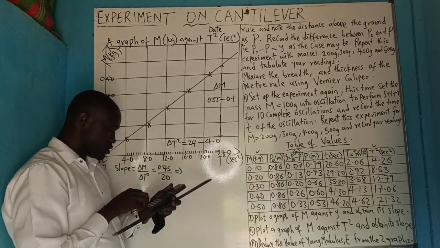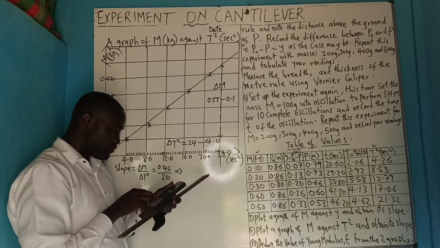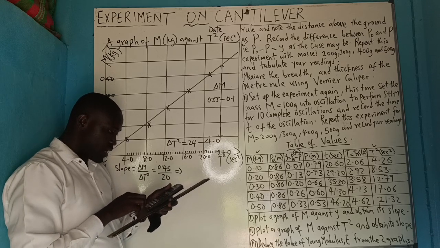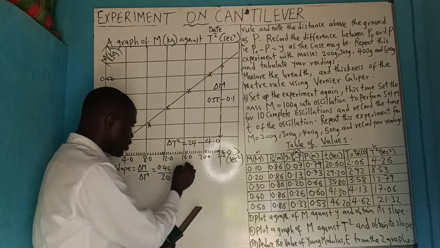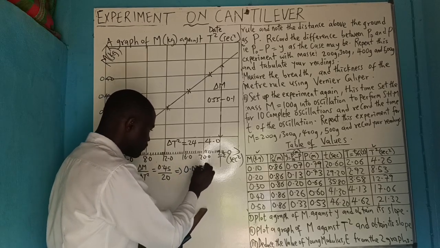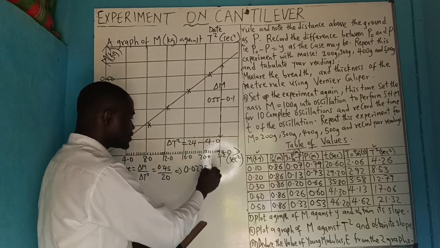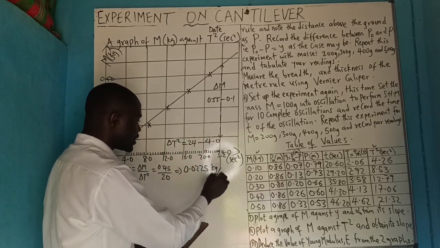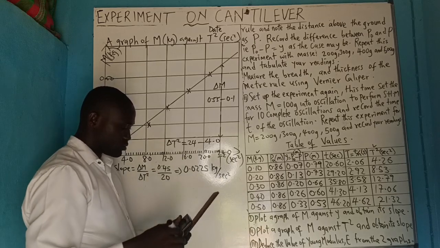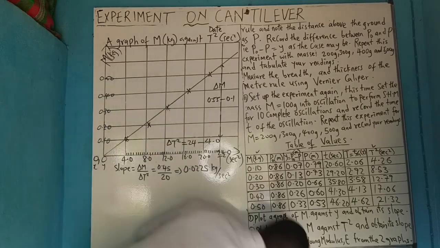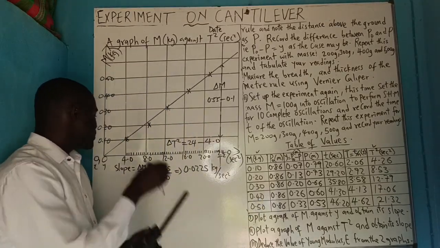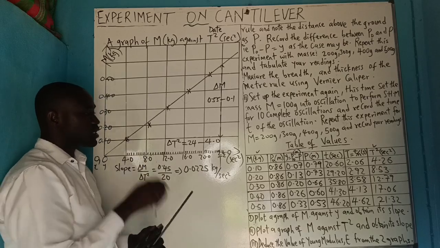We'll be having 0.45 divided by 20 equals to 0.0225. What is the unit? Kilogram per second squared. So that is the slope we get from this graph.